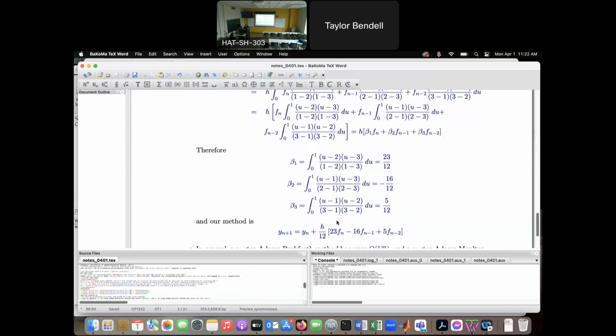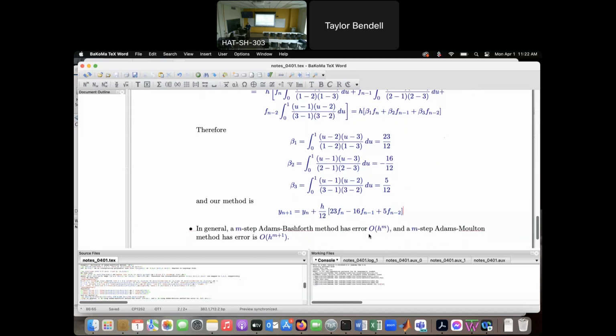In contrast to Euler's method, where I just have y n plus 1 equals yn plus h fn, now I have a linear combination of fn, fn minus 1, fn minus 2, where the weights of this linear combination all sum to 1. But by using these values further back in time, I'm able to get higher order accuracy than I would with Euler's method.